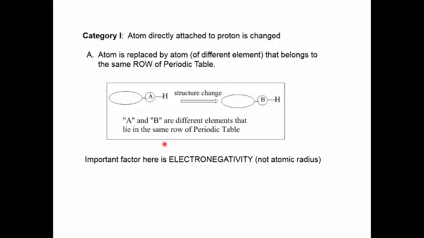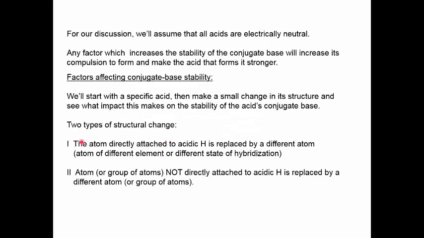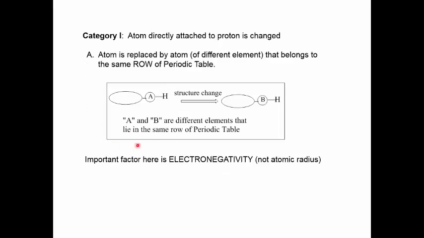First, we'll look at category number 1, the structure change given by category 1. What we're going to change now is the atom that is directly bonded to the acidic proton. So we illustrate that in our little box here. This represents the general structure of our acid. A is the atom that's directly attached to the proton.